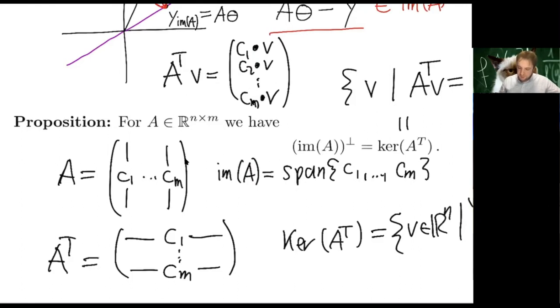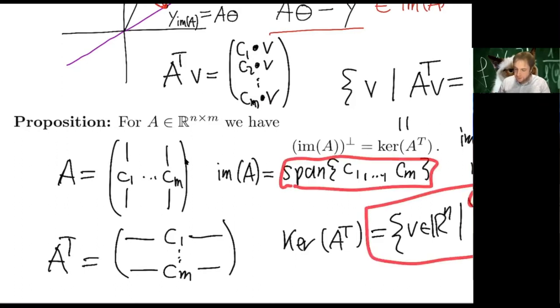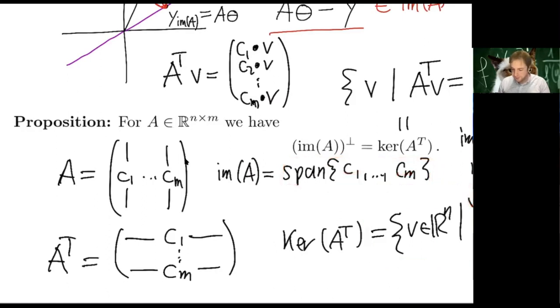But then you see that this is the same as the orthogonal complement of the image. Because the image is spanned by these vectors, and if the kernel is given by all vectors which are orthogonal to these vectors, then this is exactly the orthogonal complement.